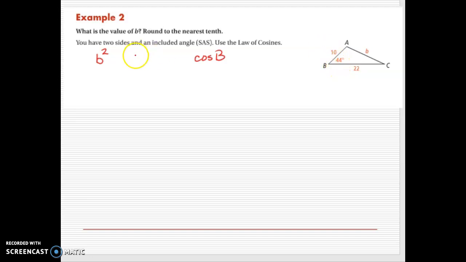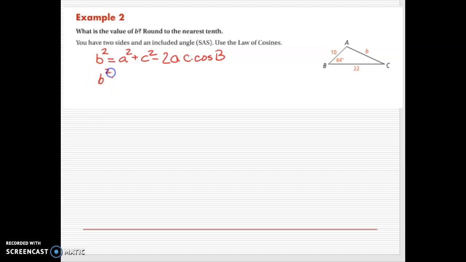Filling in the rest of it, I need the a squared plus c squared, minus 2ac, and the cosine b matches up. So now we can fill in all of our numbers.